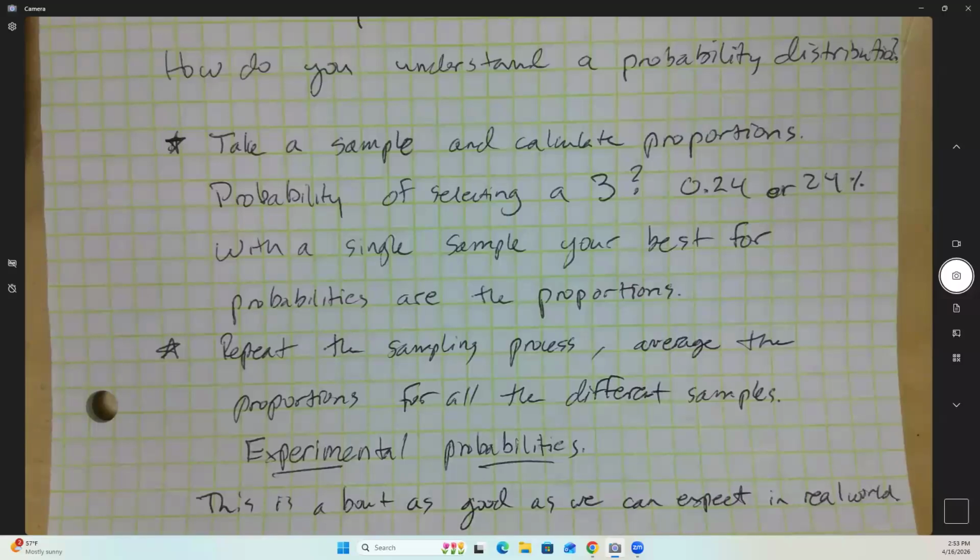Because there's always chance, right? So even if I collected this data, I use the same set of 10 cards for every class. This is the third time I've done it. Even if I kept doing it for my whole career and ended up with 100 different classes where we did these samples, those experimental probabilities might not still be totally accurate, because in statistics, we never expect to be totally right.